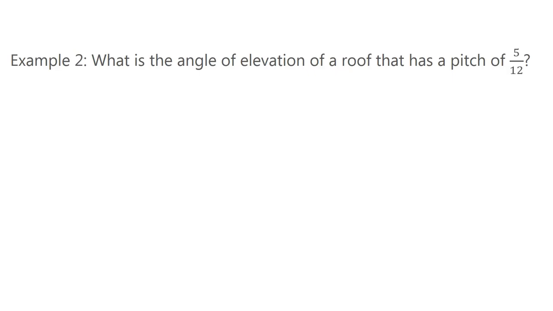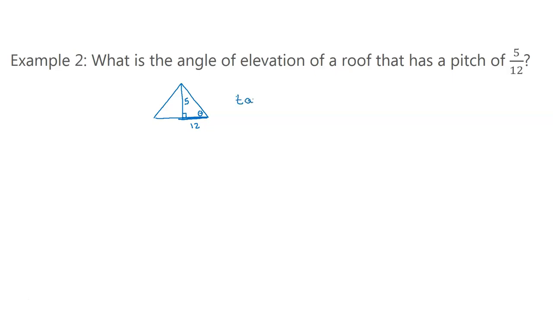Example 2 says, what is the angle of elevation for a roof that has a pitch or slope of 5 over 12? If we have a roof with a rise of 5 and a run here of 12, I want the angle of elevation, which would be right here.